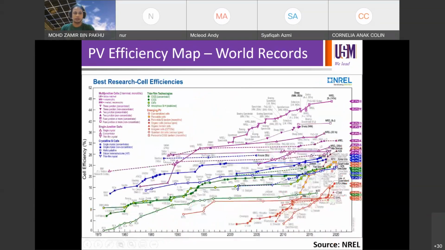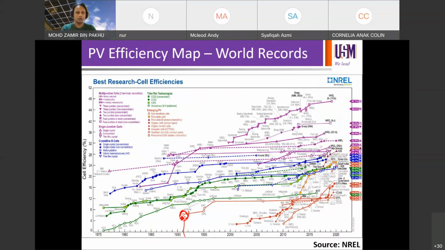This is a world record chart compiled by NREL, the National Renewable Energy Lab in Golden, Colorado, in the US. For every single world record, there will be a new point on the chart. For example, this point is EPFL back in 1991, 92, representing a single world record.